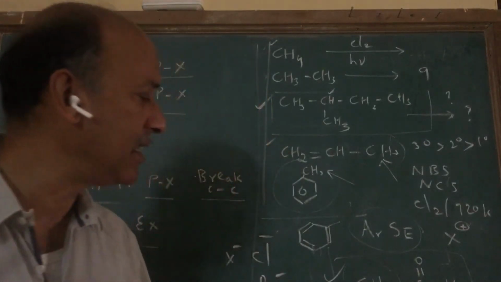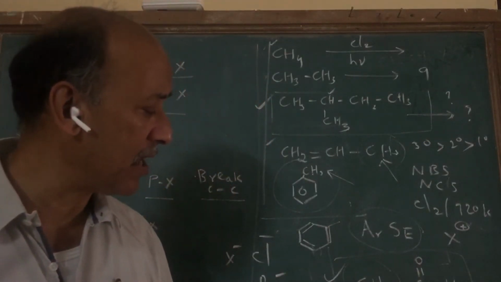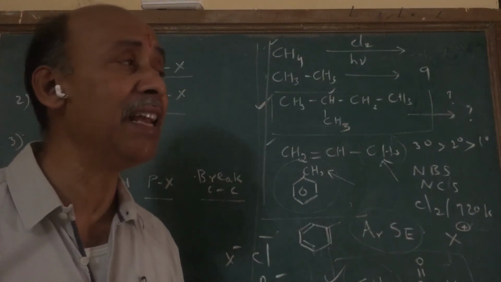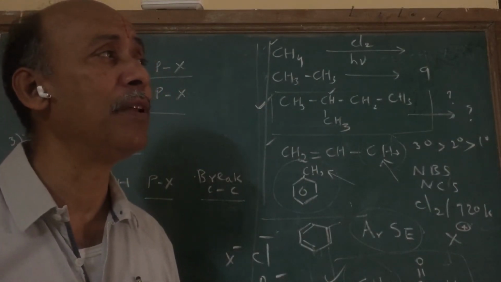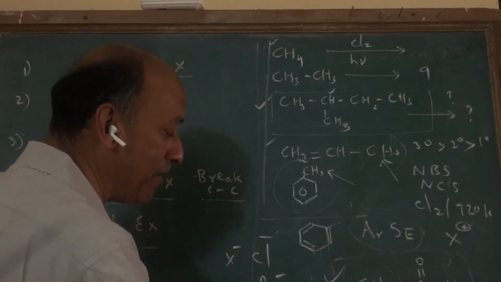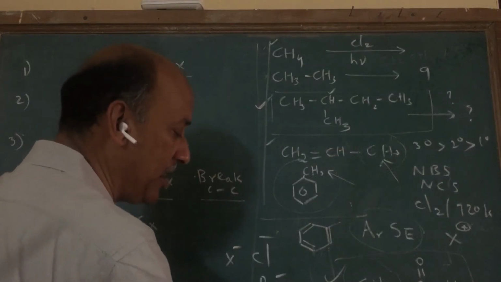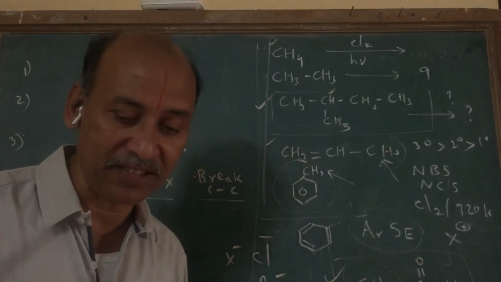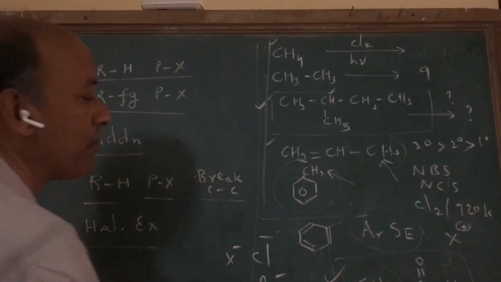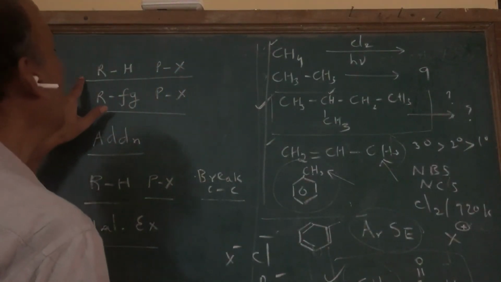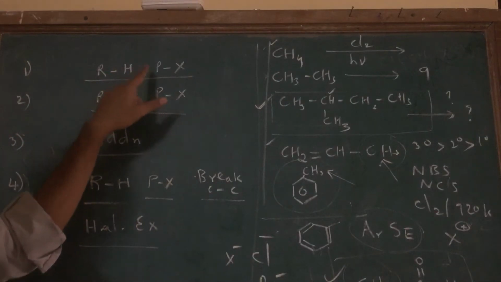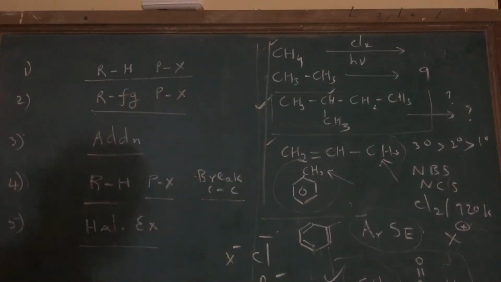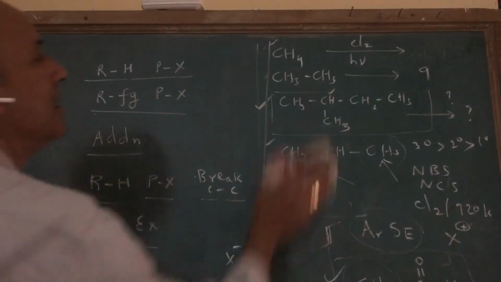Even in acetic acid-like molecules, you can replace alpha hydrogens with any halogen like chlorine, bromine, and that has a big name, the Hell-Volhard-Zelinsky reaction. Don't worry about the name, we will see what it is later on. But this is a broad classification of the replacement of hydrogen and placement of halogen type reactions. That's the first part.